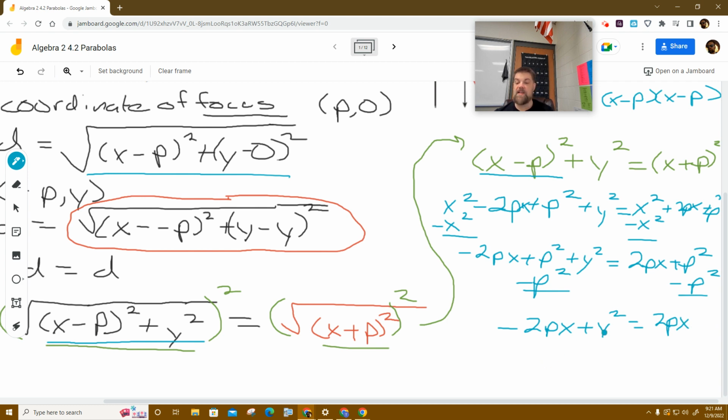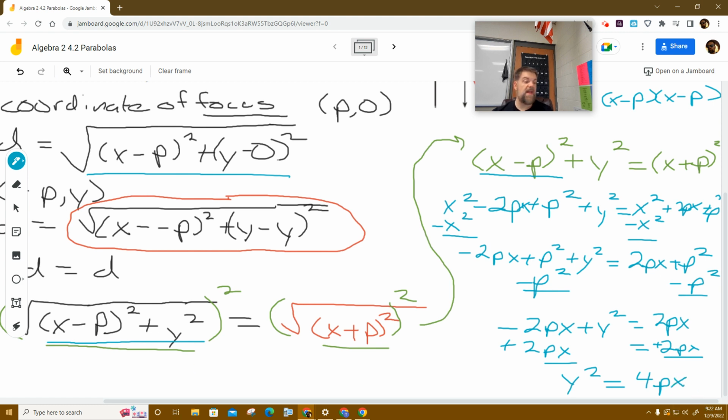Now, if I want to solve for y squared, I'm going to add 2px on this side, and also add 2px on this side. And I'm going to get y squared is equal to 4 times p times x.